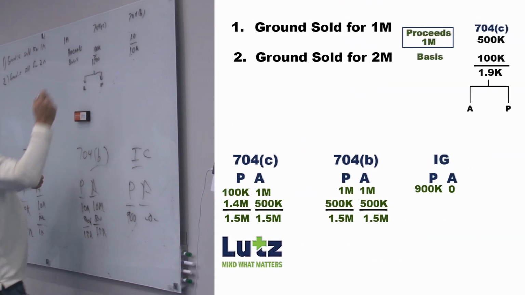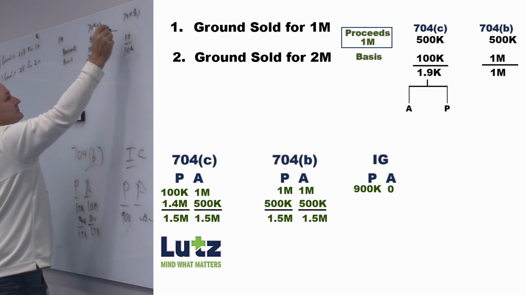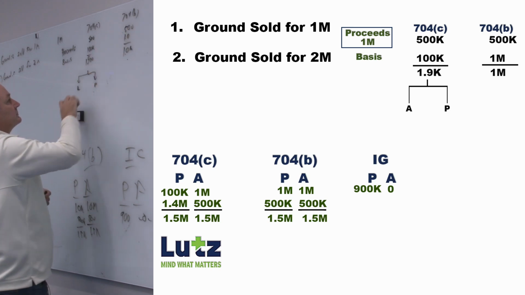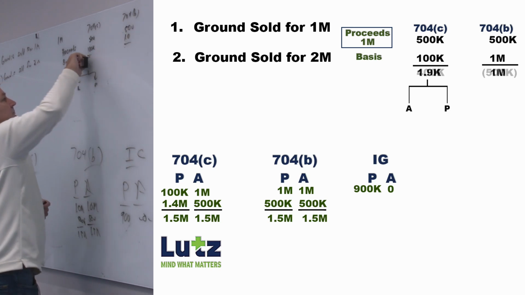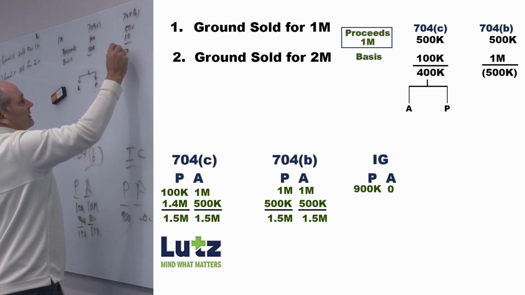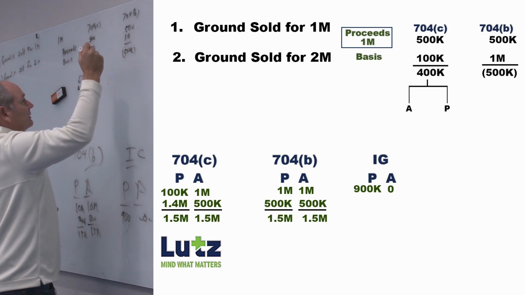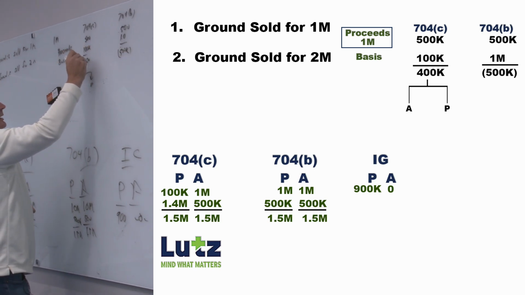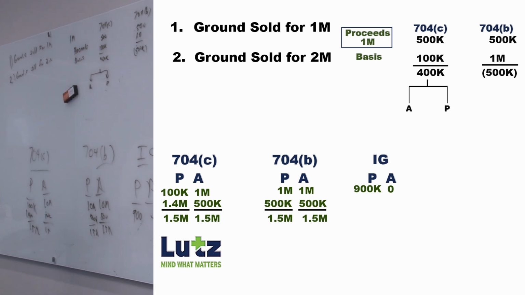Okay, so if we sell for 500, and this is a 500K loss, correct? Yep. And we have 400K income, correct? Oh, Jesus Christ, what do we do with this?